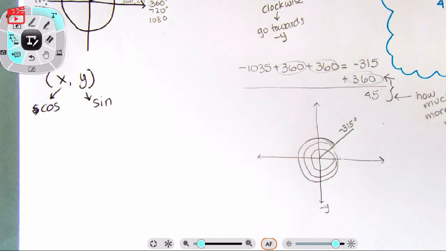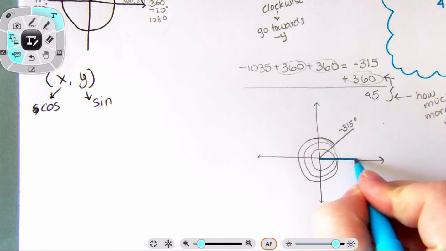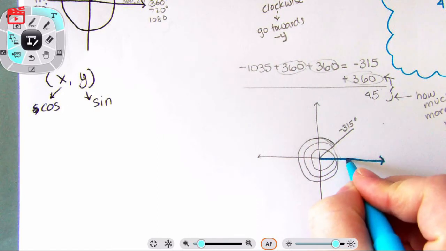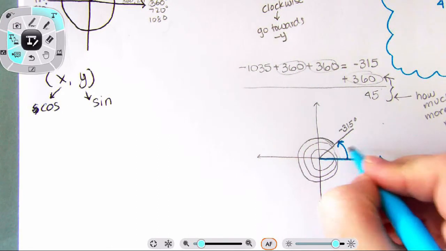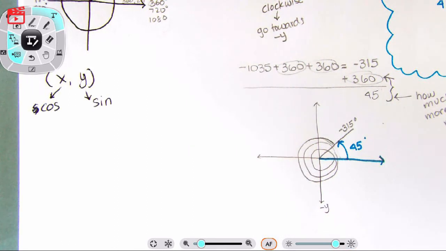So then here's my reference angle. We haven't gone through reference angle in this video, but a reference angle is positive, acute, and from the x-axis. So I'm saying what's my reference angle here? And this is a positive 45 degrees. And this is important. You need to do these little circles here and find out what quadrant your original angle lies in.